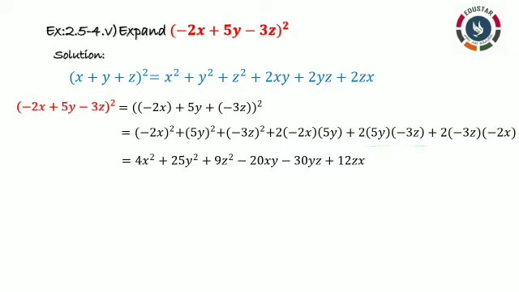The next one is 2 into minus 3z is minus 6z. Minus 6z into minus 2x is plus 12zx. So our next step is 4x square plus 25y square plus 9z square minus 20xy minus 30yz plus 12zx.